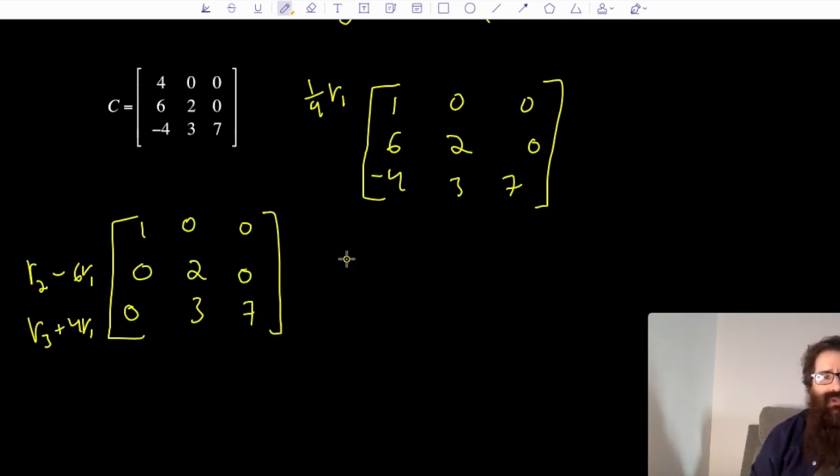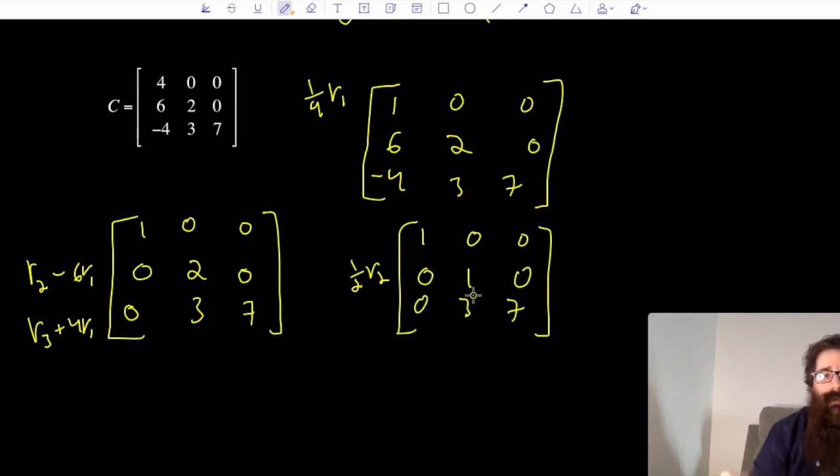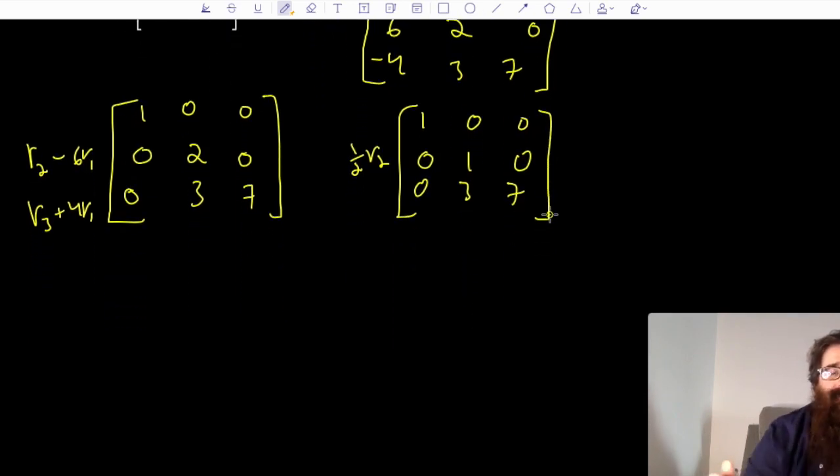And from here, it's really short work, because what I can do now is I can reduce row 2. I can do 1/2 row 2. So I have row 1. If I divide everything in row 2 by 2, I get 0, 1, 0. And then I can just rewrite row 3, leave it as it is. You can see I'm only a couple steps away from what we probably already were guessing about this.